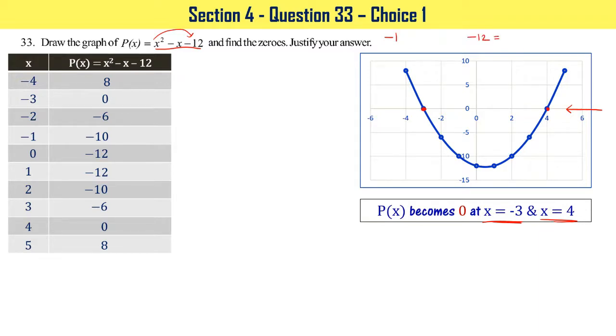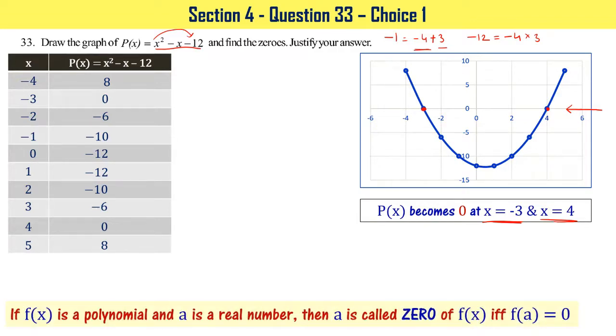So I can write minus 12 as minus 4 times 3, that is minus 12, and minus 1 can be written as minus 4 plus 3, right? It means the values I have taken for x should include minus 4 and 3. In other words, actually, since we are looking at zeros, it has to include plus 4 and minus 3. Right? That is how you get to choose the values.